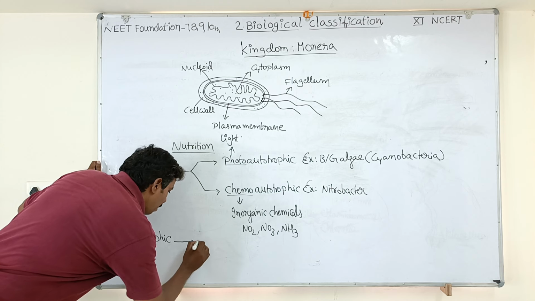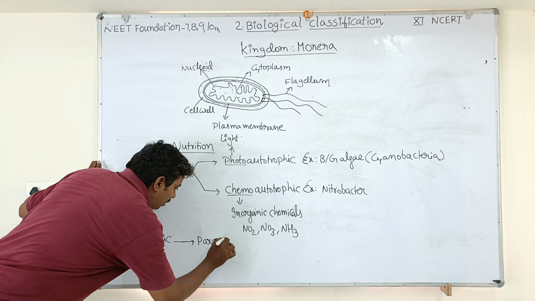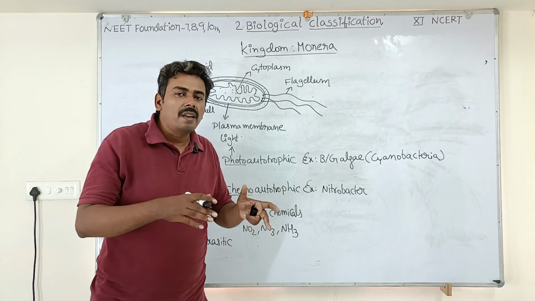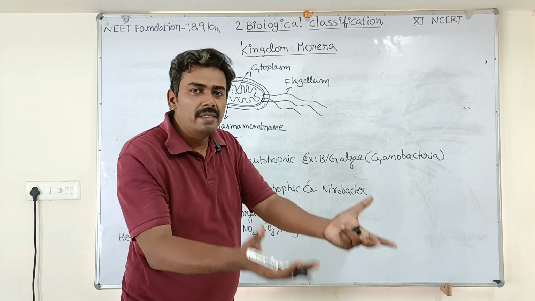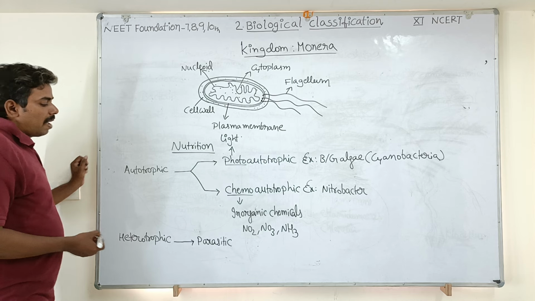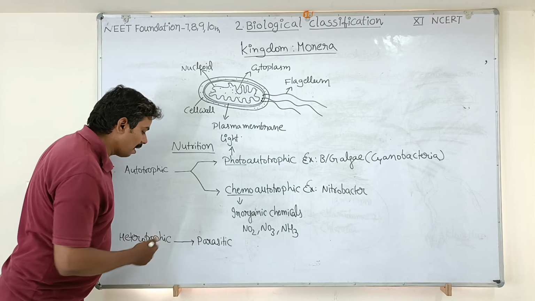Some are parasitic. That means the bacteria will grow inside the body of other organisms and obtain food from them. The parasitic bacteria are pathogens. They mostly cause diseases in living organisms.